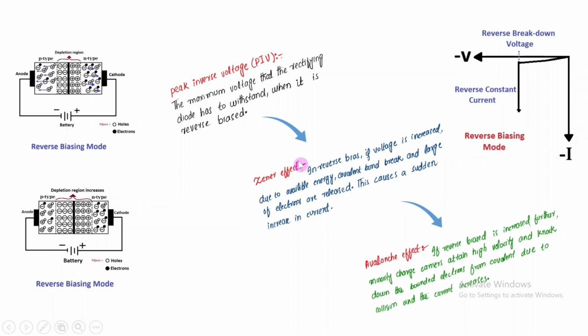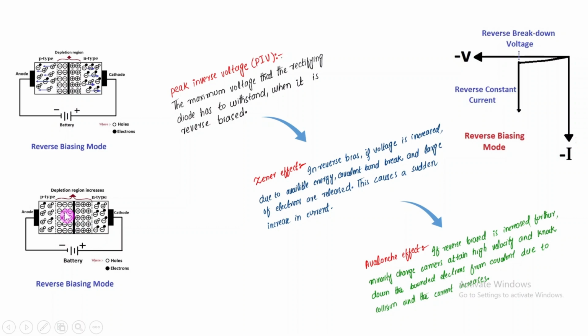Okay, so I am going to quickly recap this. In reverse bias, if we provide voltage from the battery and increase it, the current will increase. There is a voltage which is borne by this device, and beyond that the device will change its behavior.